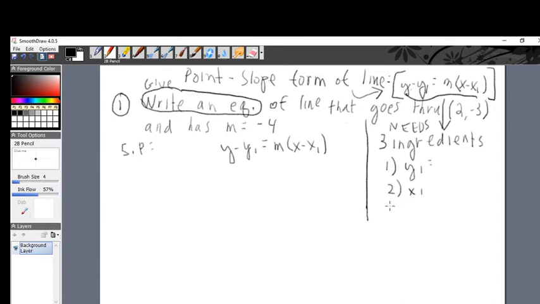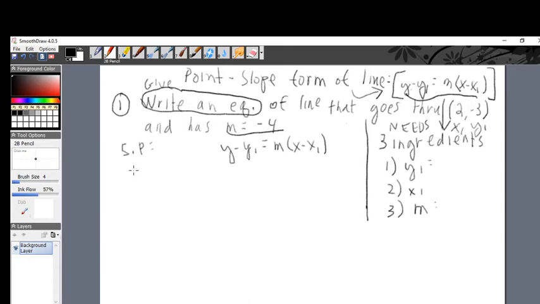And 3, it needs an m. So they gave us a point. This point is going to be our x1 and our y1. And this is going to be our slope. So we're going to take x1 and put it here, take y1 and put it here, and take the slope and put it here. We have all the ingredients.